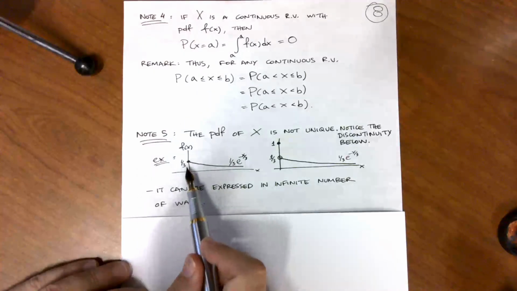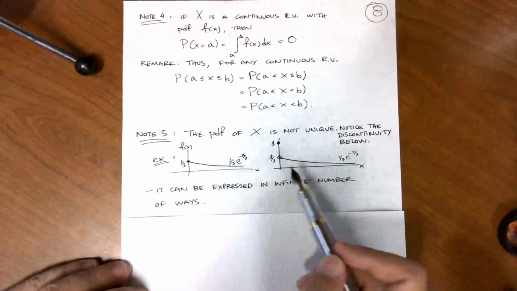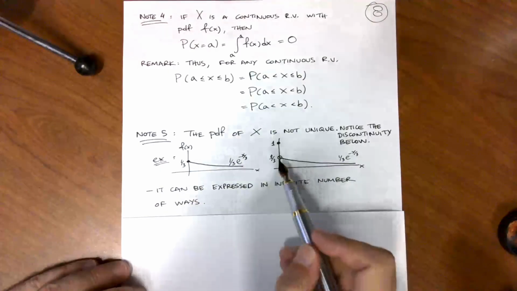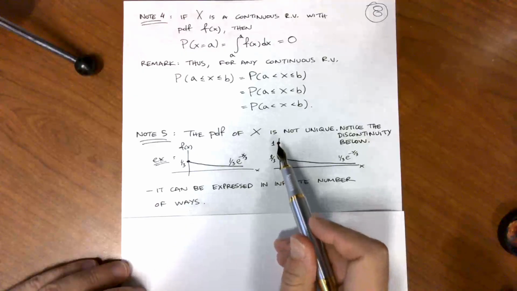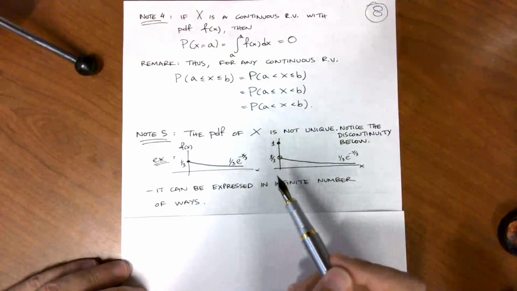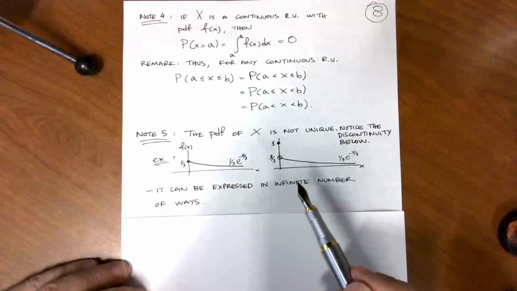So notice, in the example that we have been working with, the value of f of x at x equal to 0 is 1 over 3. Let's say we make a variation of this, and we give a value of the PDF of 1 when x is equal to 0, and then the rest of the functional form remains the same.